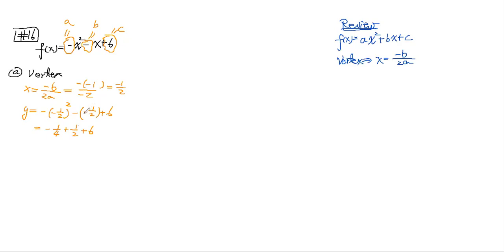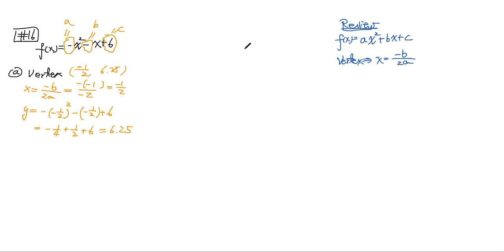So you will get 6.25. So the vertex here is -1/2, 6.25.